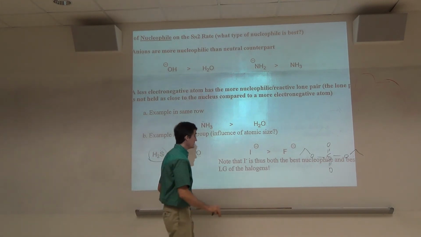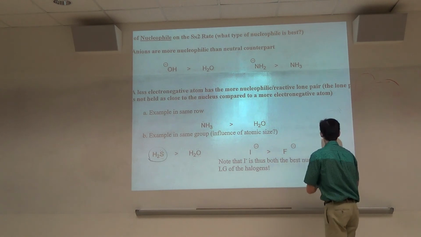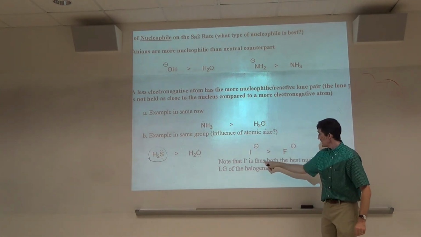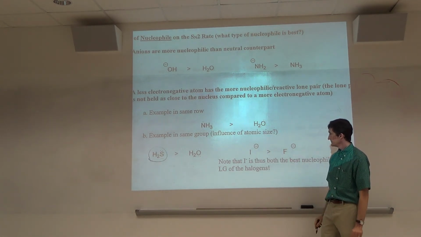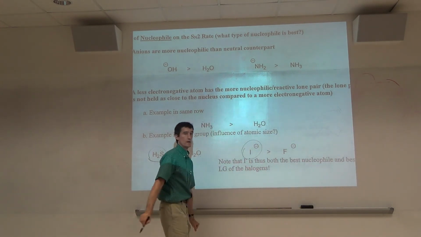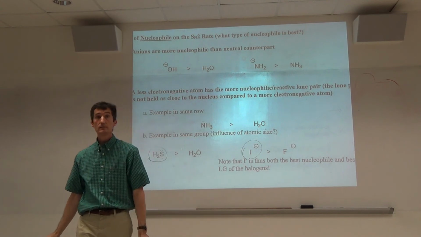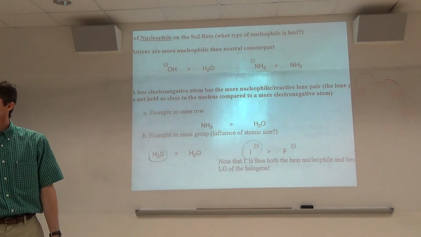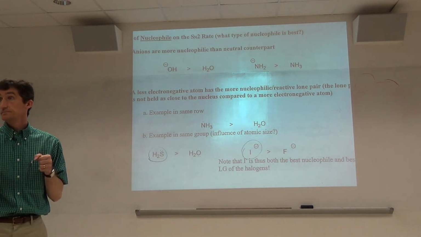Over here, which is more nucleophilic? These happen to be both anions. I minus or F minus? I minus. Why? Because F is more electronegative. It holds its lone pairs tight.